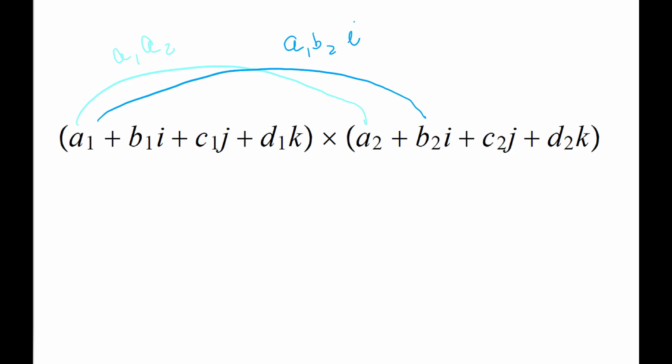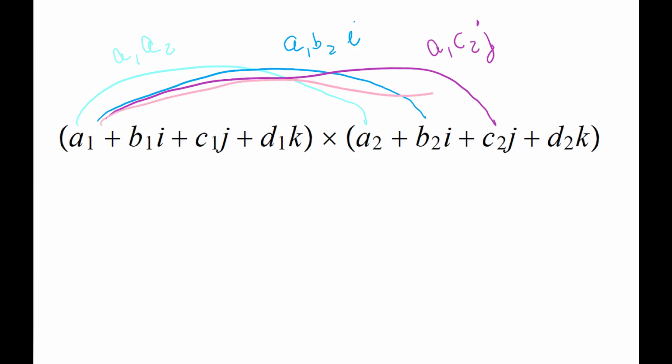This is a1 b2 i, and then we have a1 c2 j, and likewise going here, this will give us a1 d2 k.